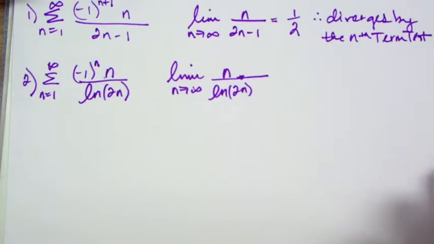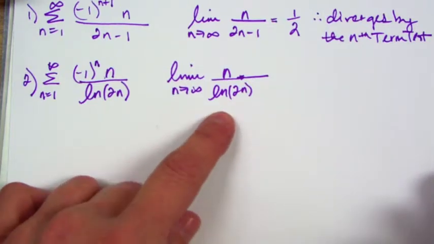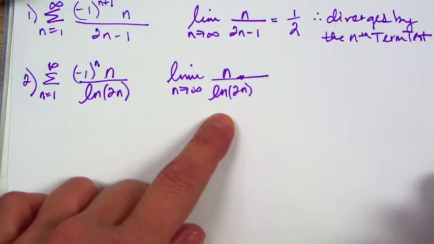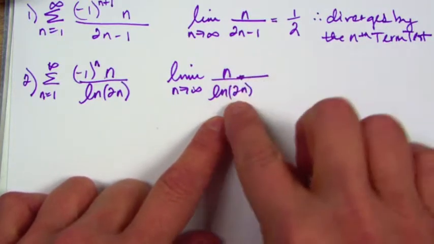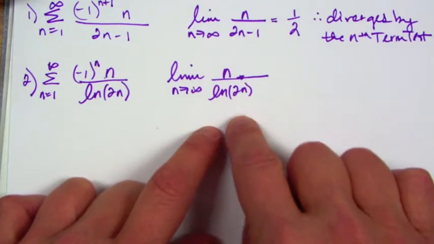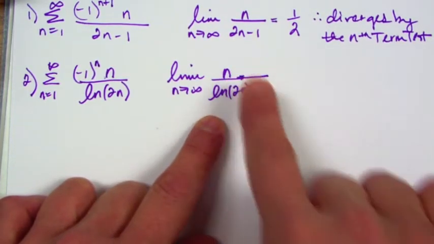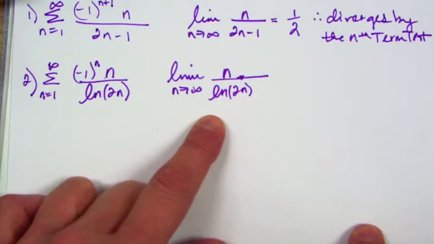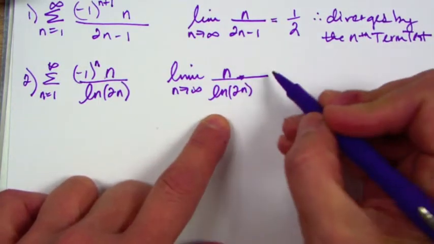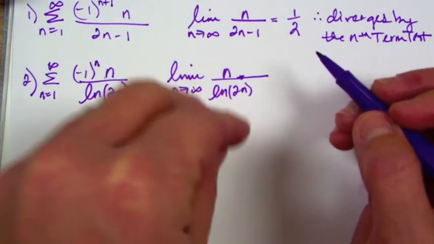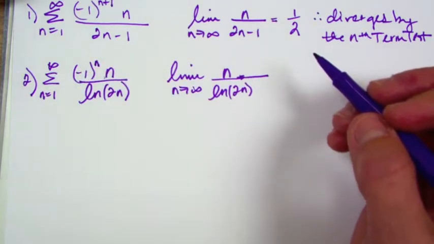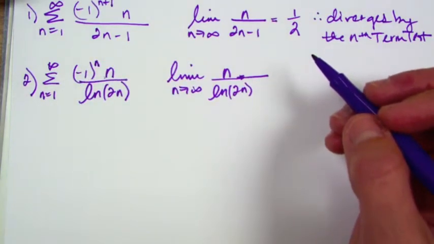If it doesn't pop off the page at you, you can do L'Hopital's rule, or if you know the growth rates, which one grows slower? The bottom. ln grows much slower than that. The 2 doesn't really have anything to do with it. So this whole thing is going toward infinity.